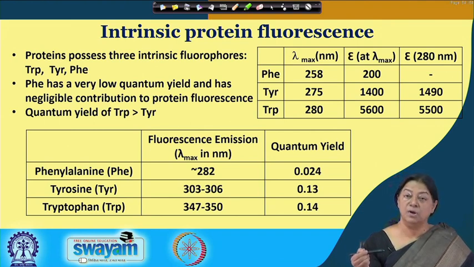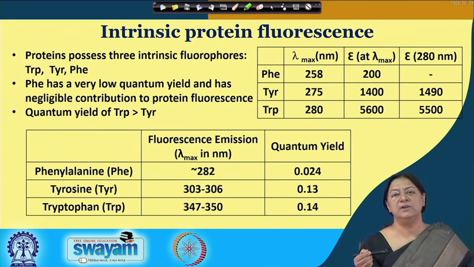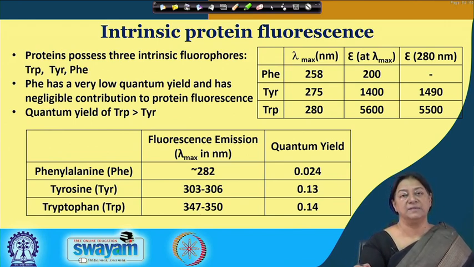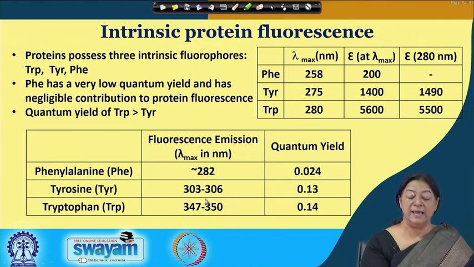I start monitoring the emission at a wavelength more or less 10 nanometers away from the lambda max. So, I start monitoring the fluorescence emission, say for tryptophan, which I have excited at 280 nanometers, and we look at the tryptophan emission at 347 to 350 nanometers, where we get the fluorescence emission maximum.